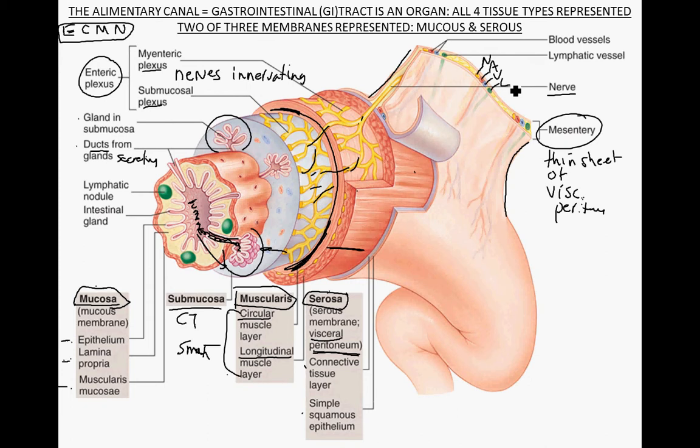The blood vessels then are delivering oxygen, removing carbon dioxide, and are also places for absorption. When stuff gets absorbed out of the lumen, it goes to the bloodstream. So it's not surprising that you're going to see lots and lots of blood vessels in the mesentery and around the organs themselves. Okay, so it might be a good idea here just to pause and review that. Maybe sketch that out and label it for yourself, if you would.